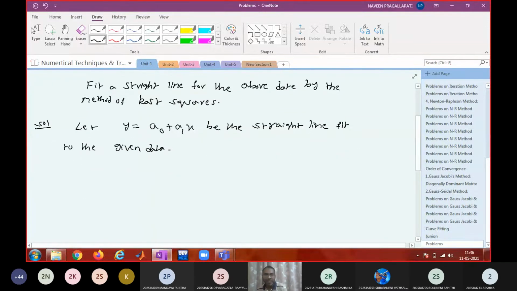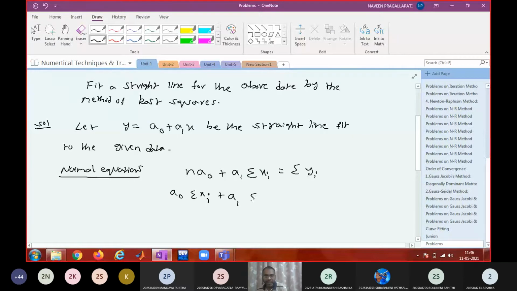Normal equations are: what are the normal equations? n a0 plus a1 sigma xi is equal to sigma yi. Next equation, a0 into sigma xi plus a1 into sigma xi square equals sigma xi yi.